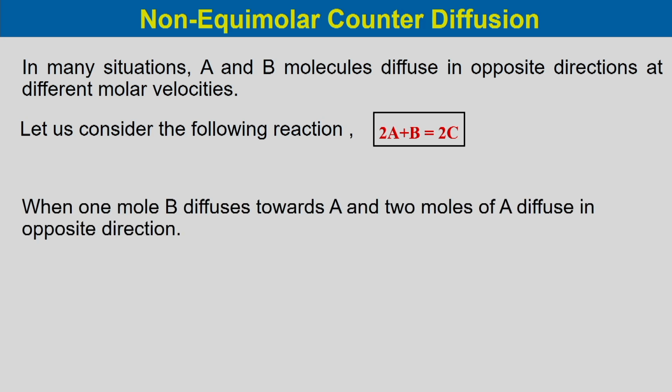So, in this case, when 1 mole of B diffuses towards A and 2 moles of A diffuse in the opposite direction, we can write N_A is equal to minus N_B by 2. So, from this we can calculate the flux of different components using these relations.